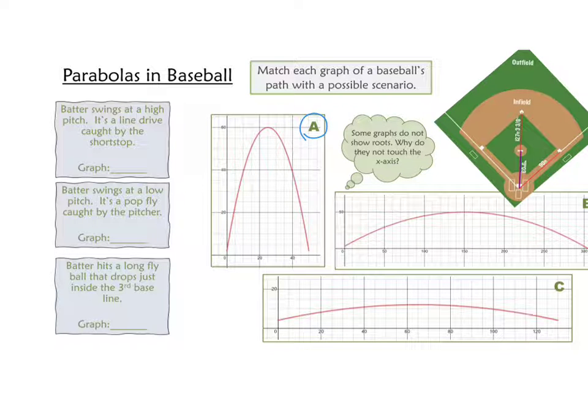B could possibly be a line drive. C definitely is a line drive. And it doesn't hit the ground. So it must be what? Stop the video and see if you can match these three graphs with the three situations to the left.